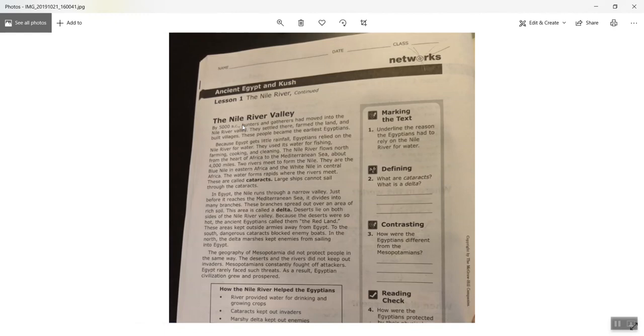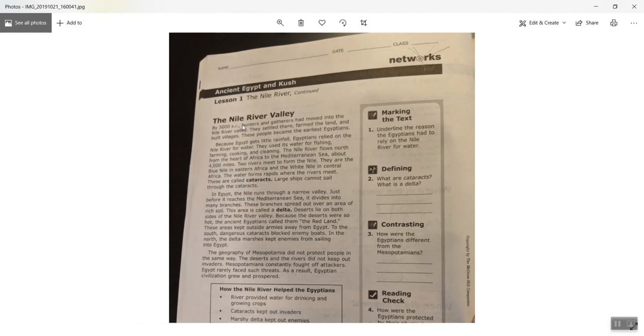Two rivers meet to form the Nile. They are the Blue Nile from Eastern Africa and the White Nile in Central Africa. The water forms rapids where the rivers meet. These are called cataracts. Large ships cannot sail through cataracts.